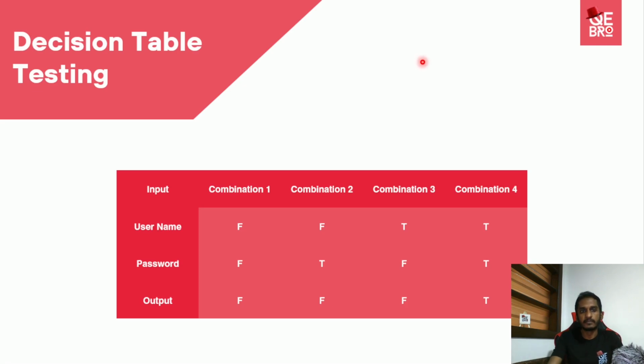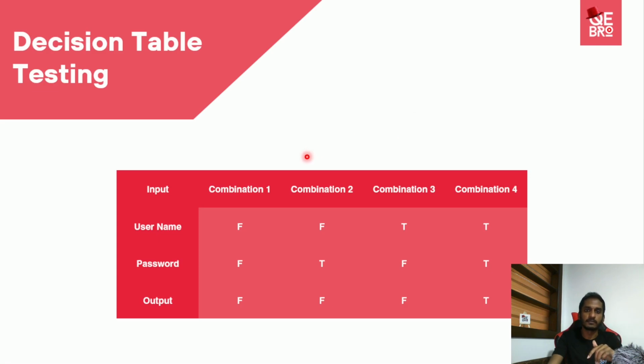That's why we need to create a table like this. Otherwise, if you have 32 combinations and you don't create a table and just start testing or writing test cases, there is a high chance you will miss a couple of combinations, isn't it? Because it's very hard to remember all 32 combinations and whether we executed that combination or not.